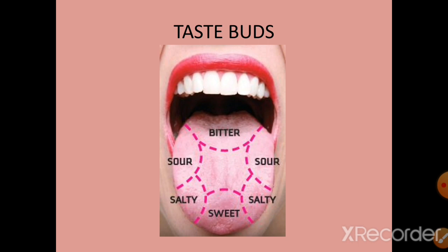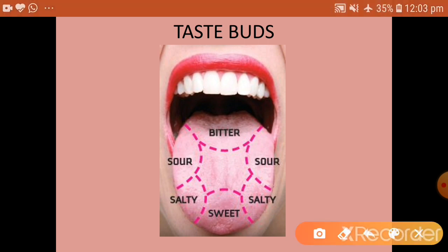Anything that tastes bitter, you can put it inside your mouth and see where you feel that taste. For example, if you taste a sugar solution, on this part you will feel the sweet taste, and if you take anything salty, you will feel it on this part of the tongue.